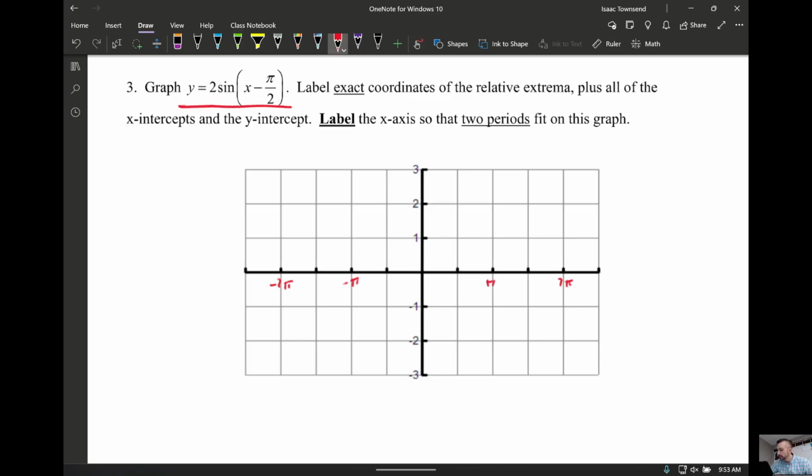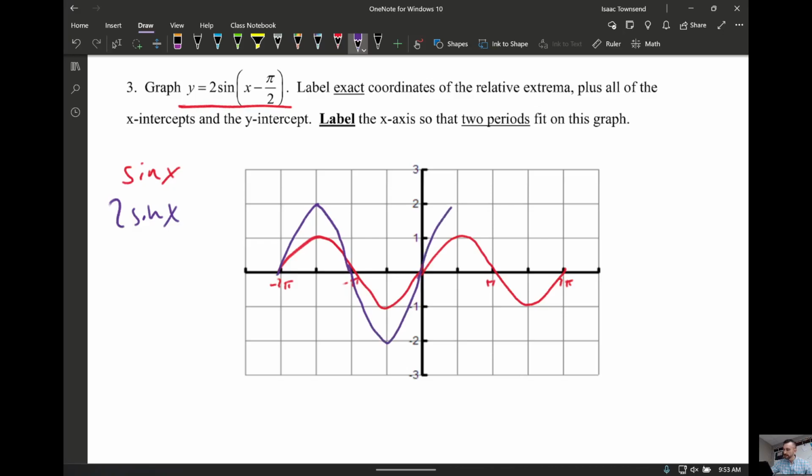But sine looks like this. At some point, you got to think about what, if A is not 1, what that's going to do. It's going to change the amplitude to 2. So instead of going up to 1 and down to -1, it's going up to 2 and down to -2.